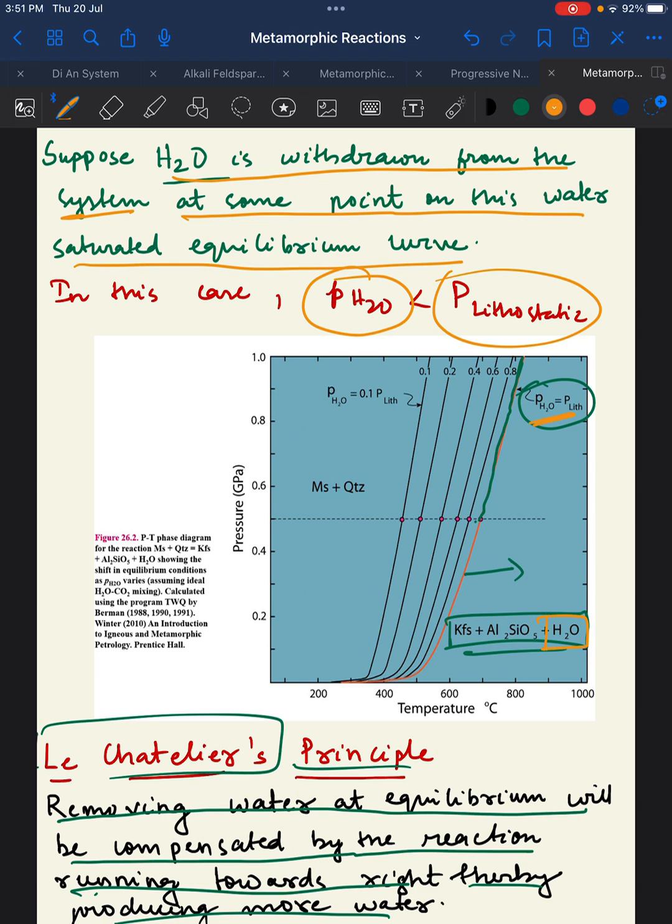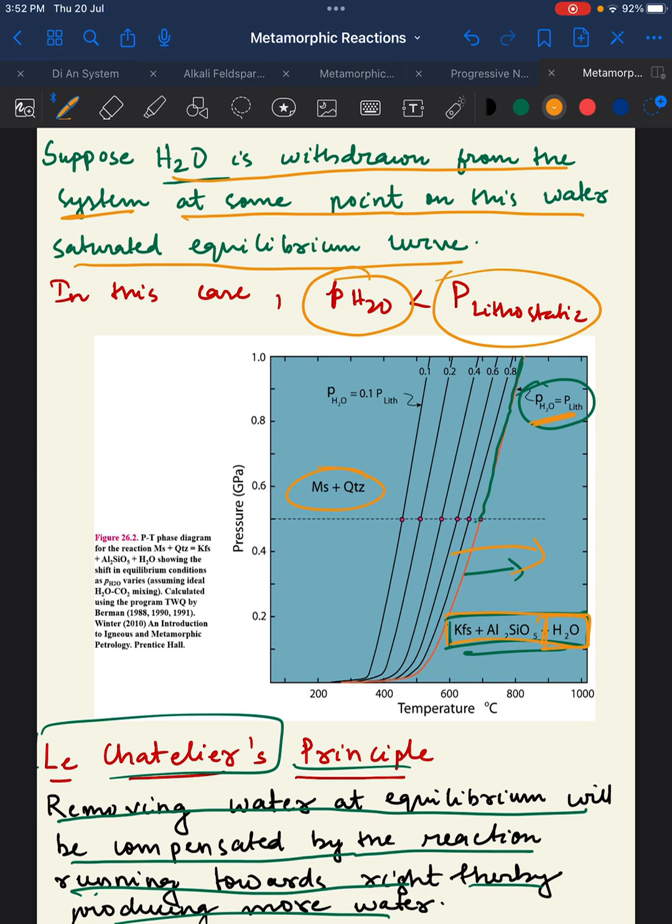Until we have equilibrium, there will be a reaction taking place, either moving towards right or towards left. Suppose I supply more water, then the reaction will move towards left, producing more muscovite plus quartz so that it reaches equilibrium. Since the partial pressure of water is less than the lithostatic pressure, the reaction will move towards the right, towards K feldspar plus sillimanite plus water.